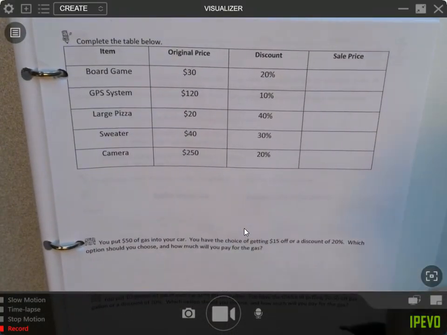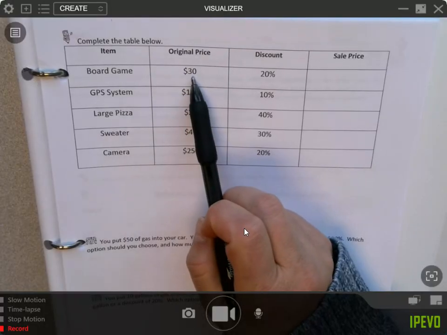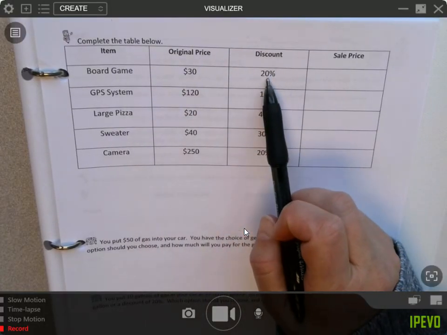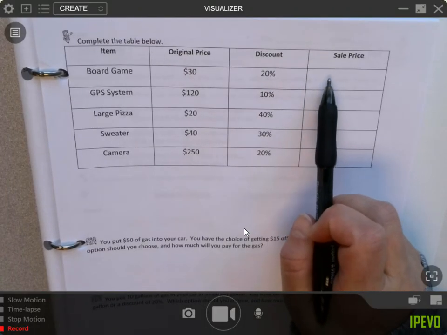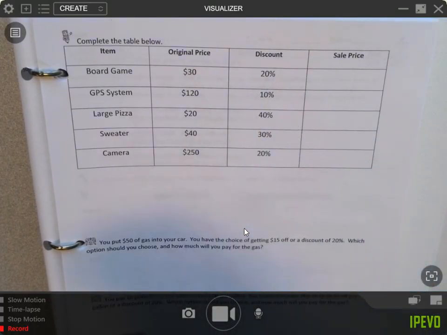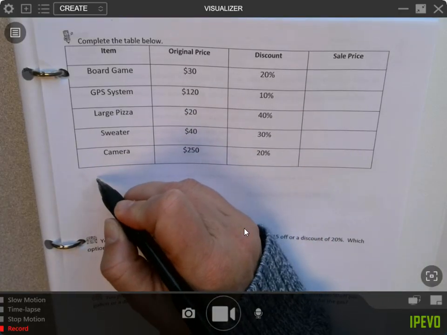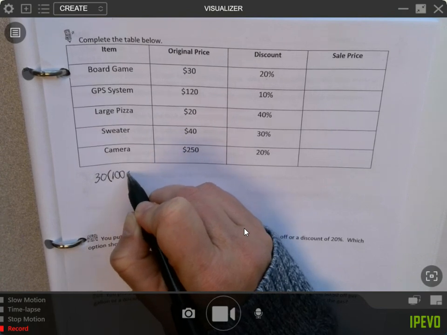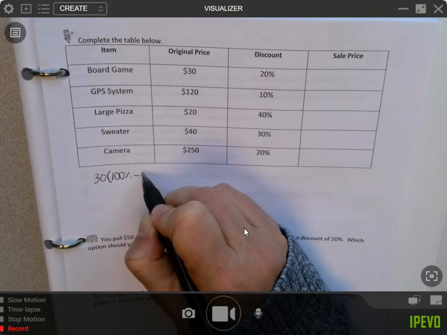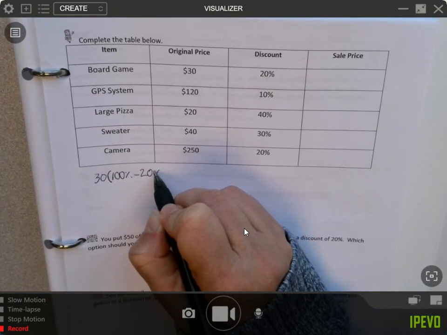So if we look at our first one, the board game is originally $30. Black Friday sale was 20% off. What was the sale price? I'm going to pick one of the ways and do the math. I personally like the formula way. So I'm going to do 30 times 100% minus the 20%.